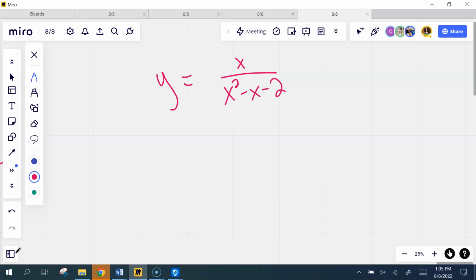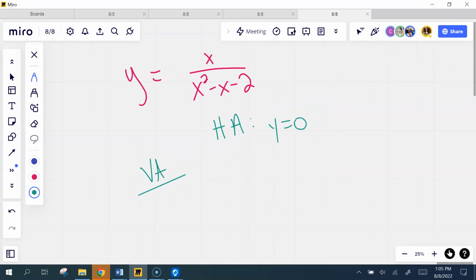Horizontal asymptotes, what and where? Carter, horizontal asymptotes, what are they? Why is it 0? Bottom heavy. We already did this one, right? Now let's look at vertical asymptotes, as I determine if it has vertical asymptotes and where they are. But this one's bottom heavy.